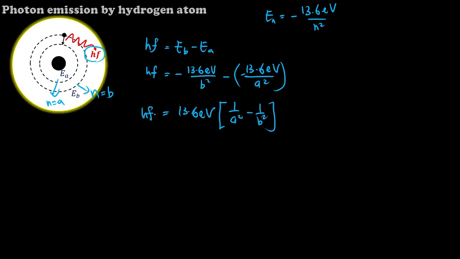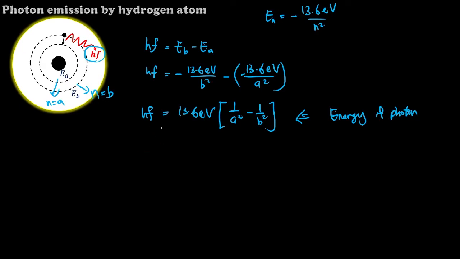This is the energy of the photon emitted from the transition of electrons. So this is your energy release, the energy of photons due to the emissions of electrons.